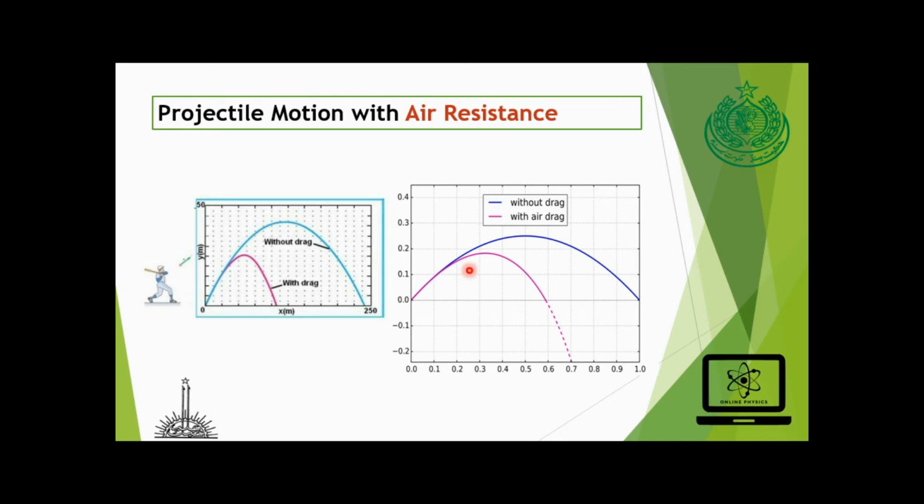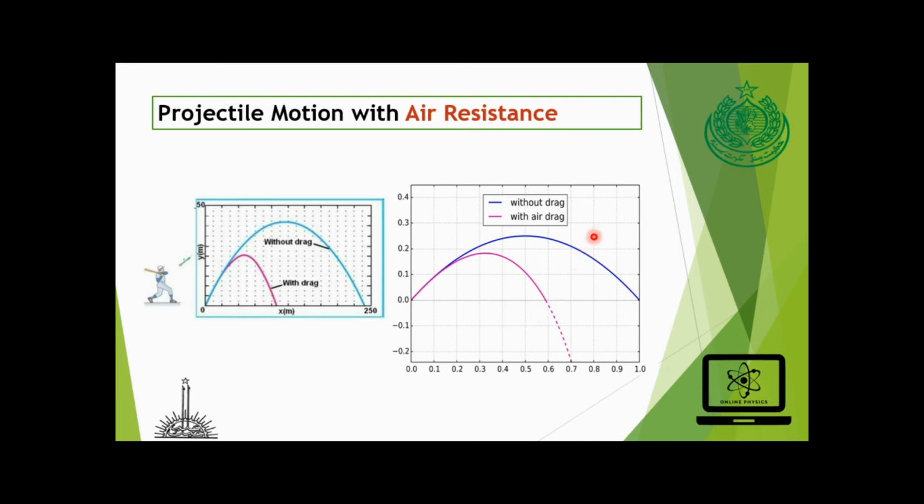Let's see in this figure. When we involve the air resistance, this purple line shows that the path is no longer a parabola.